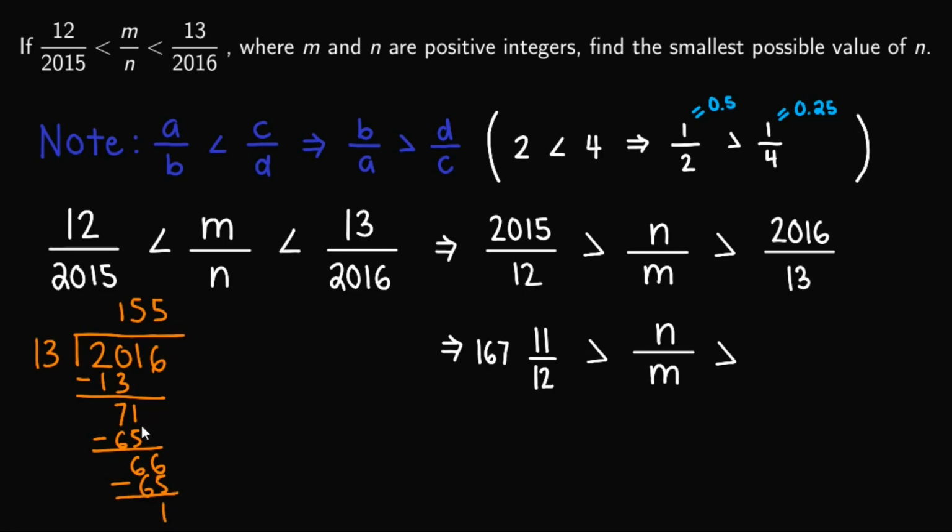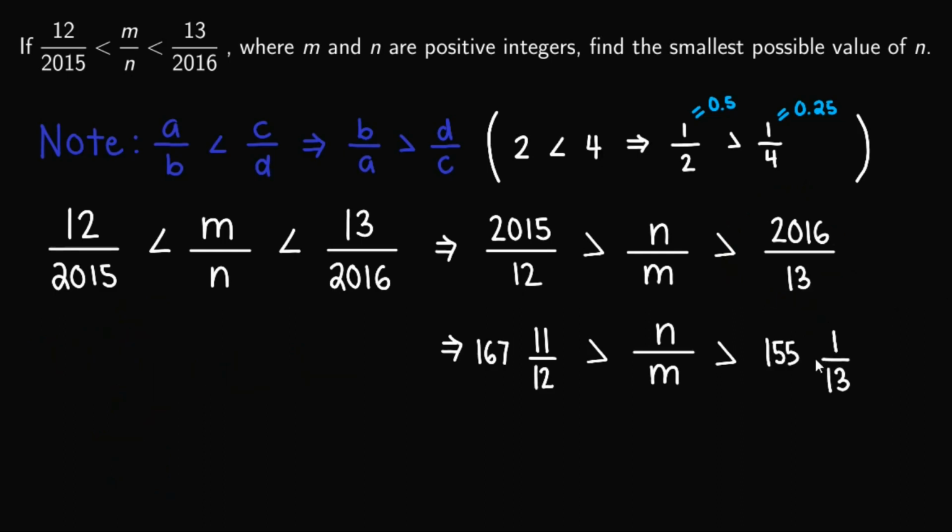Subtract and we get 1. So this would become 155 and 1 over 13. This is what we have so far. And given this, we can actually obtain the smallest possible value for n already.